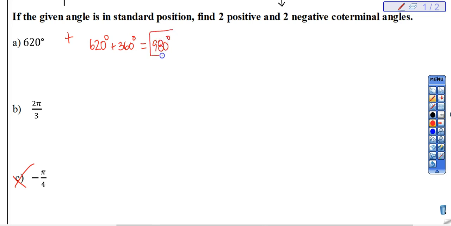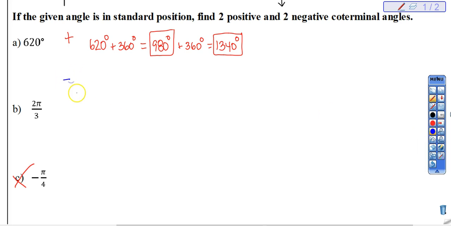Okay, so we could consider that one positive coterminal angle. How could we quickly find another one? Add another 360, which would be a second revolution, and that would give us 1340 degrees. So that's a really efficient way to find two positive coterminal angles.